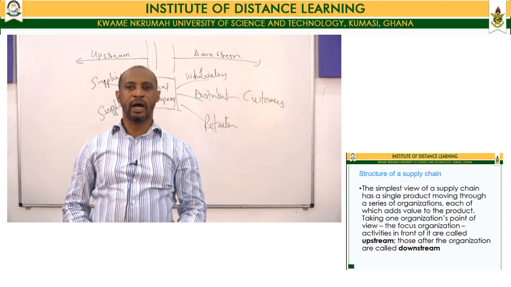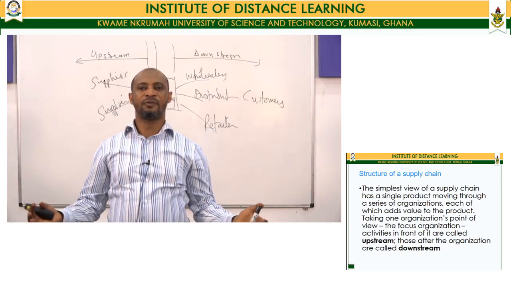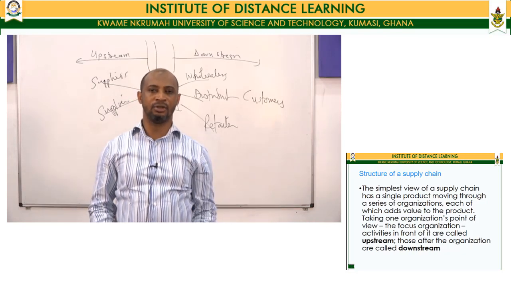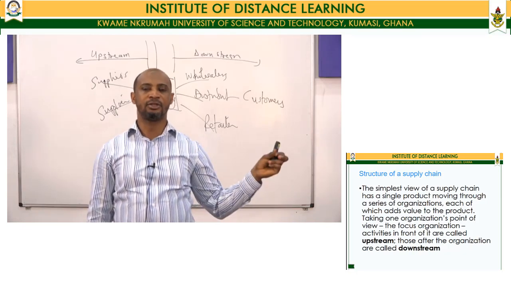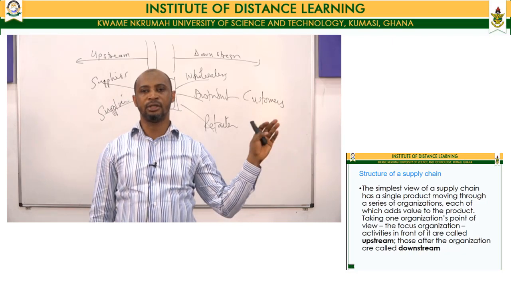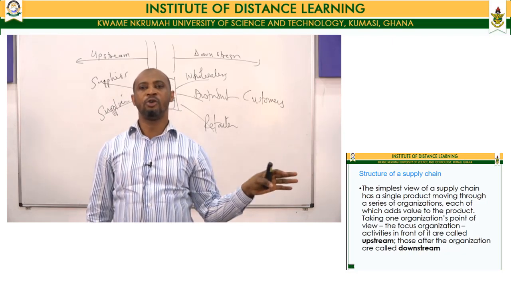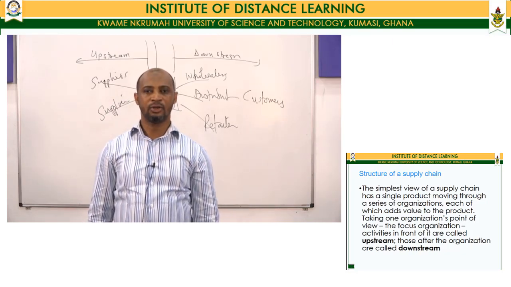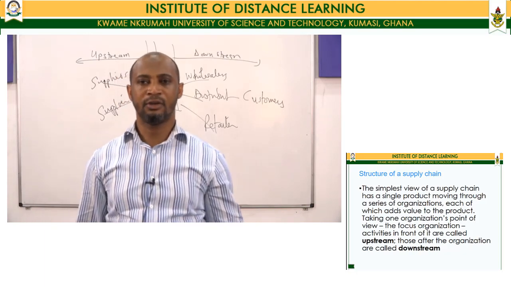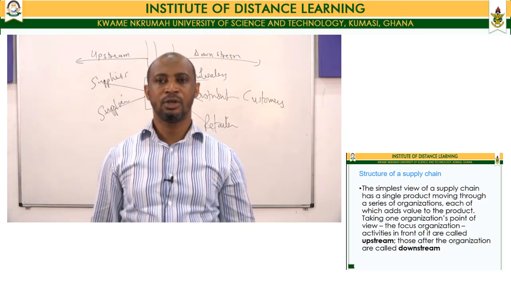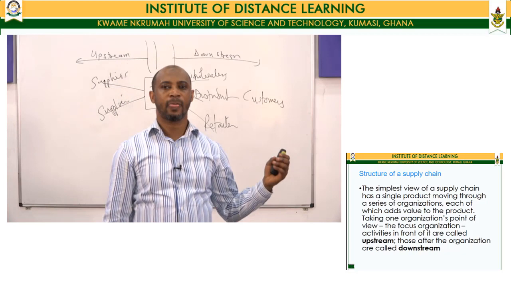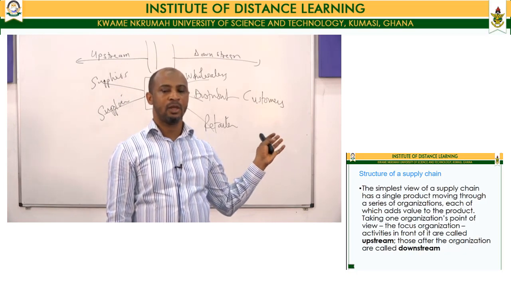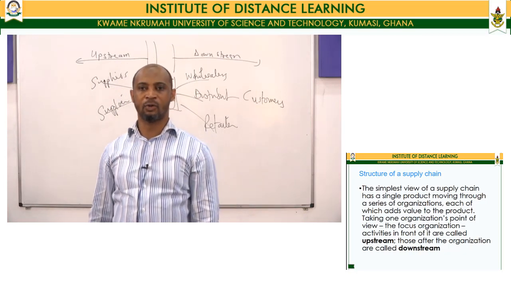So it is common to ask, who are those found in the downstream supply chain? And you find that it is distributors, wholesalers, retailers, agents, all those associated with moving the product to the final consumer.